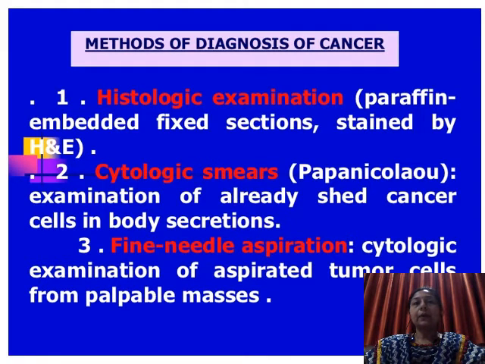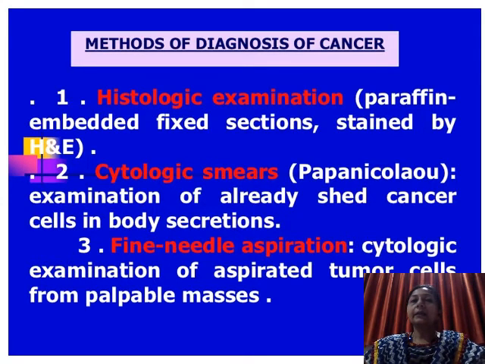One is biopsy of the tumor, that is, histological examination of paraffin-embedded fixed sections stained by H&E and other histochemical stains. Another is the cytological smear: we take an FNA, fine needle aspiration, from the organ, get some tumor cells aspirated, spread them on a slide and see under the microscope.